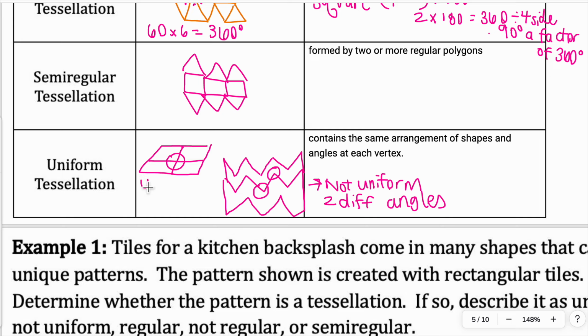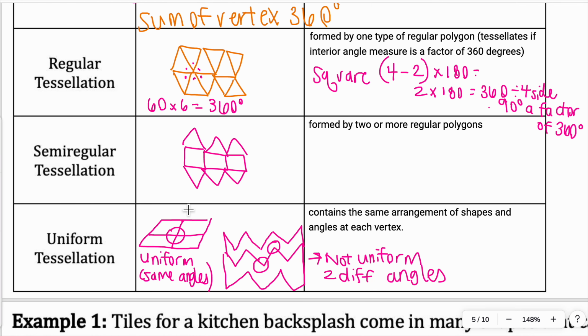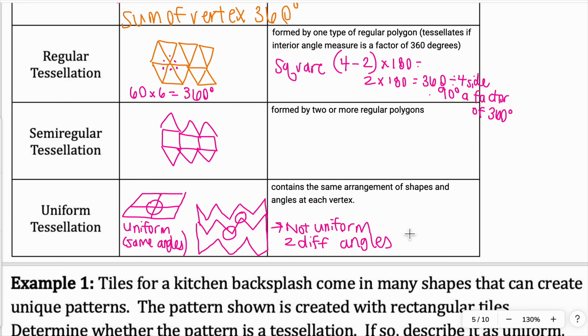Where this one is uniform because we would just be repeating the same angles throughout the tessellation. So uniform tessellation usually happens with a regular tessellation as well.